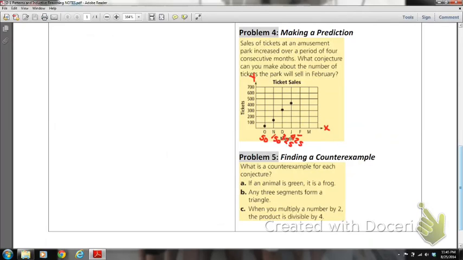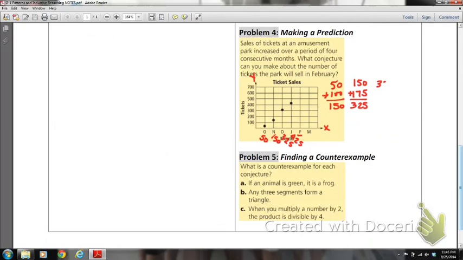So let's look at the pattern. If you take the first number, 50, and add 100 to it, that would get you the next number, 150, in November. So now if you take the November number of 150 and you add 175 to that one, then that would give you the next number, 325.